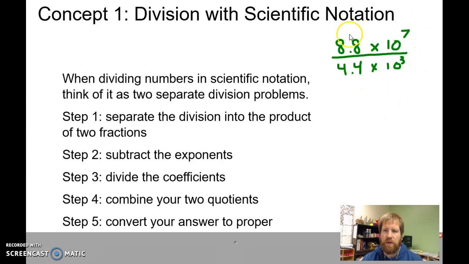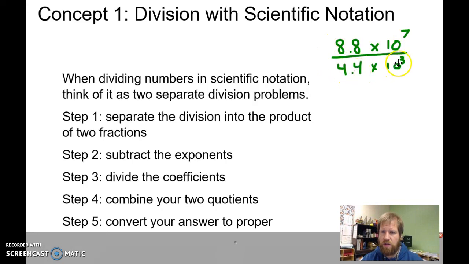Okay? So here we have a sample for division with scientific notation, which is our first concept. And this one is probably not too difficult, right? You could probably do this one on a calculator because the exponents aren't that big. We have 8.8 times 10 to the 7th, so if we move this over 7 spaces, that would be 88 million.